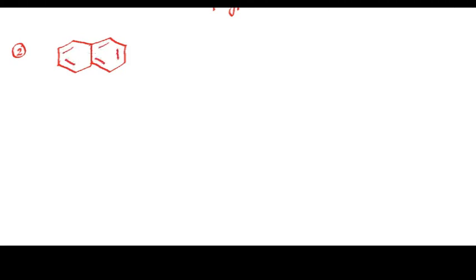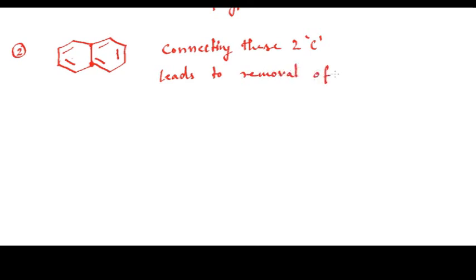Now, once we connect these two carbons, the only thing that will happen is the hydrogen will be removed from these carbons. That means connecting the two carbons leads to removal of repulsion between flagpole hydrogens.